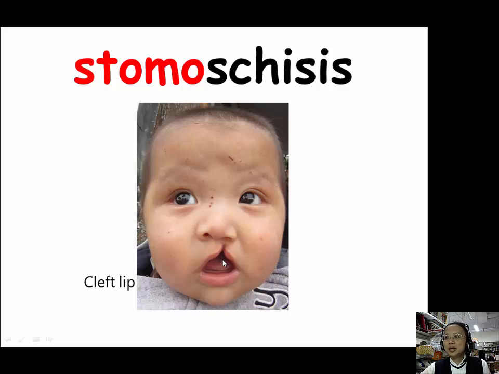It may be unilateral, bilateral, or median, and may be accompanied by maxillary and palatal defects. The baby in this picture is having a unilateral stomoschisis.